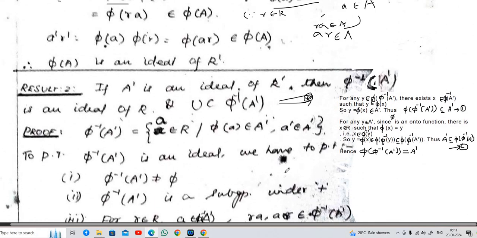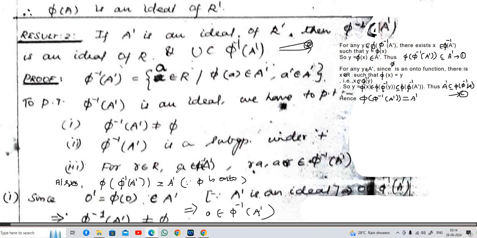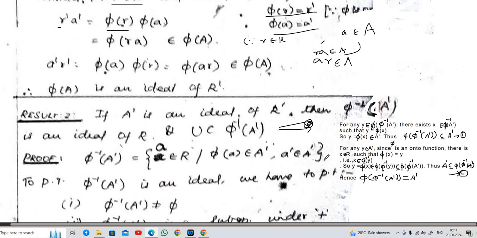Now we prove the next part, that phi of phi inverse of A prime is equal to A prime. For that we consider any y in phi of phi inverse of A prime. Then there exists an x in phi inverse of A prime such that y equals phi of x. That is very obvious.